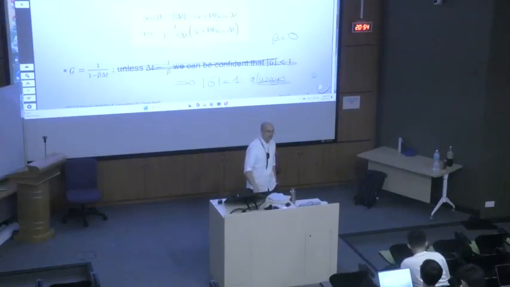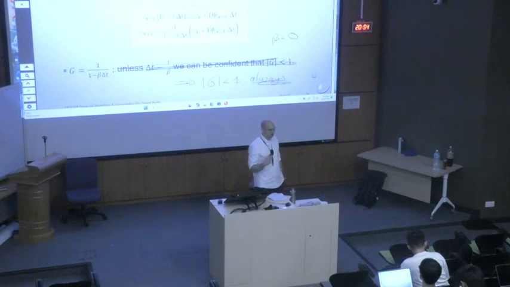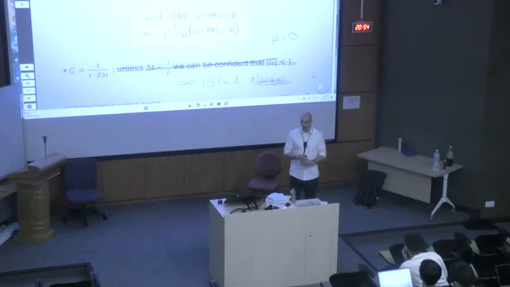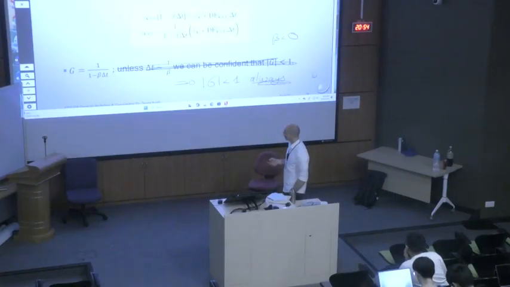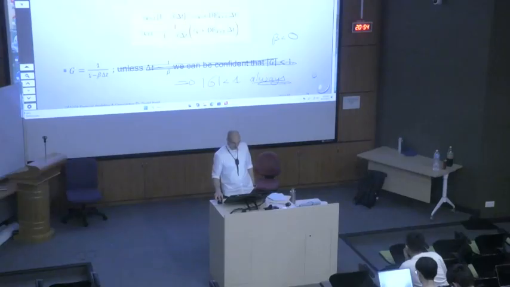So regardless of the step size, regardless of the value of beta, I don't need to be careful about any of those things. It will always be stable for these type of methods, for these type of equations. So this is what you would call unconditionally stable.